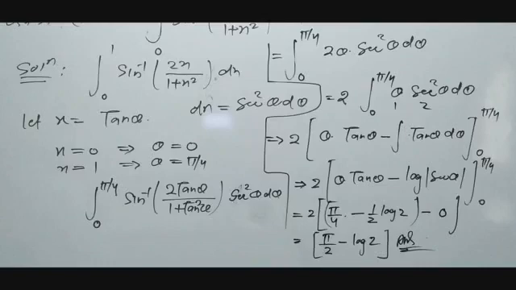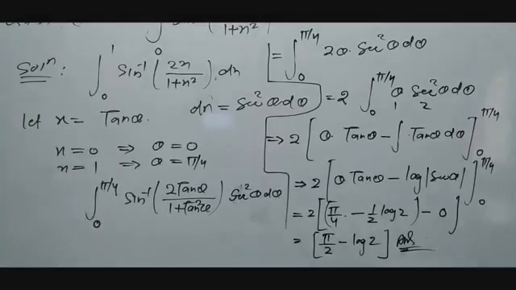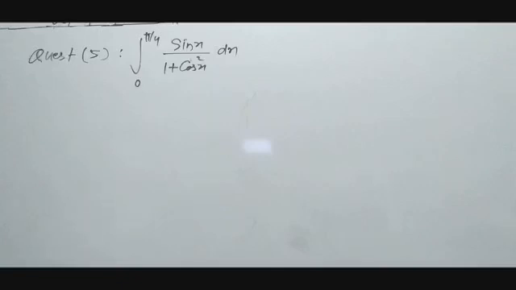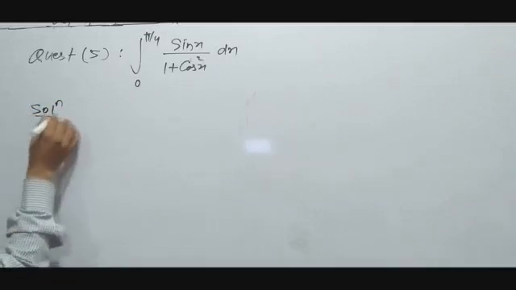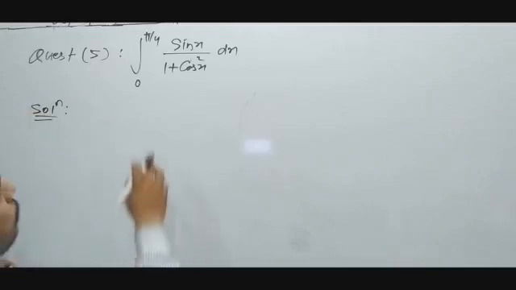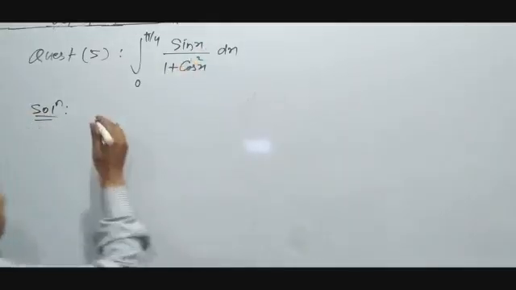Now come to question number 5. Question number 5 is integration over 0 to pi by 2 of sin x dx whole upon 1 plus cos square x. So now in this question, first of all, you know cos x differentiation is sin x.